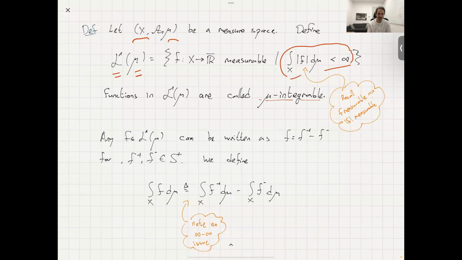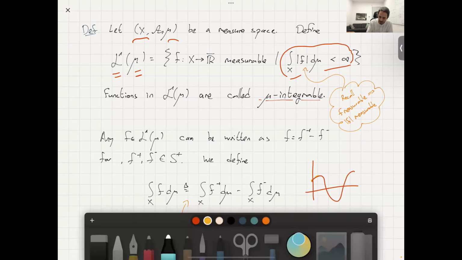Also for defining the actual value of the integral, if you give me any function which is integrable, namely in this L1 of mu, you can always write it as f plus minus f minus, where f plus is the non-negative part, and f minus is the negative part.